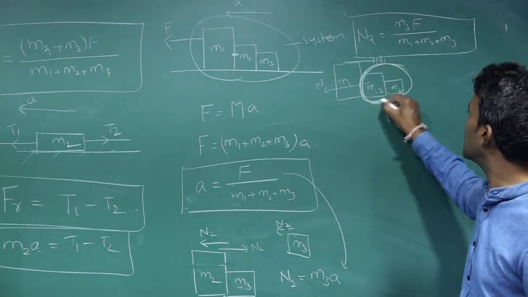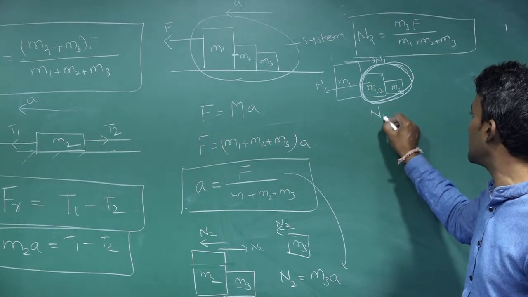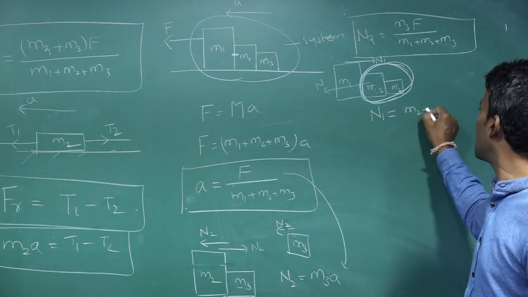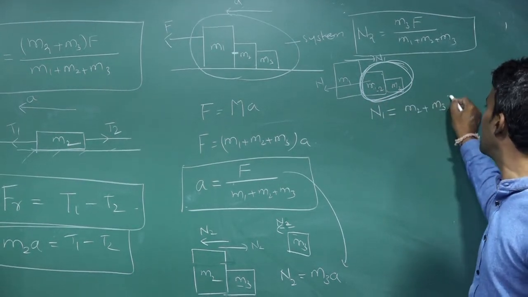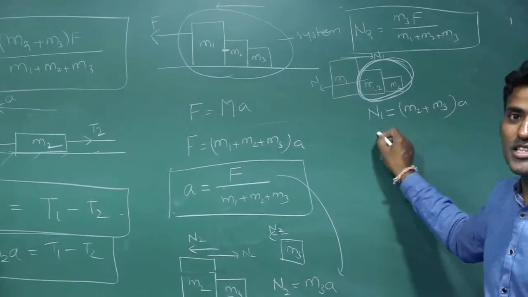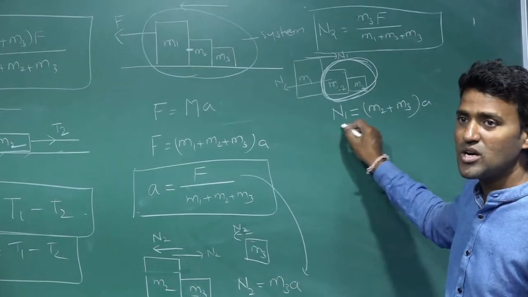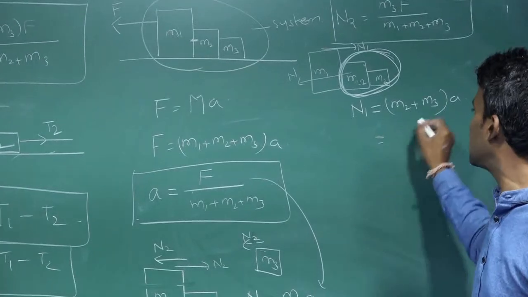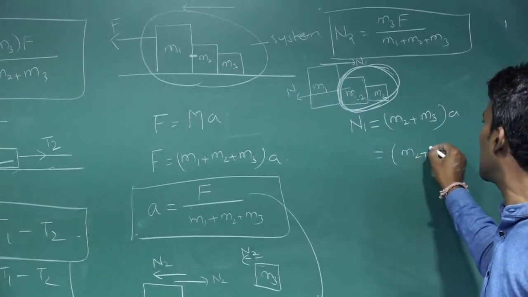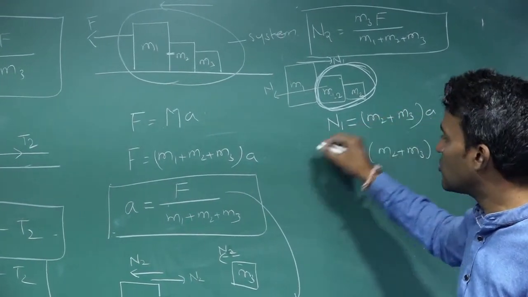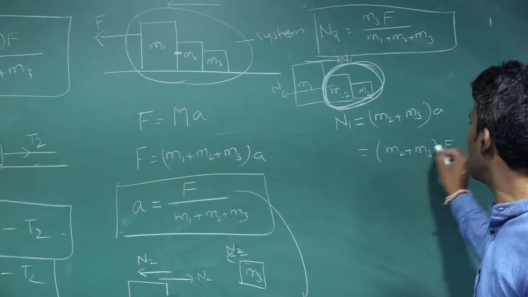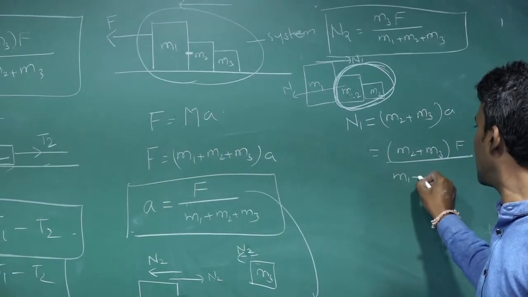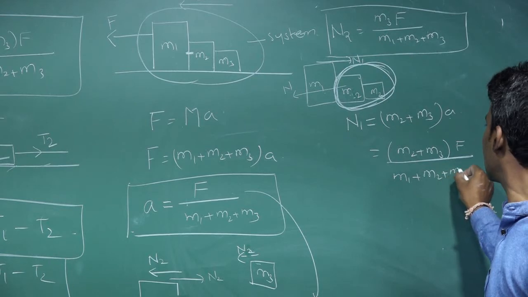So for this one system, N1 is equal to (M2 plus M3) into A. N is nothing but MA. A is already F divided by M1 plus M2 plus M3.